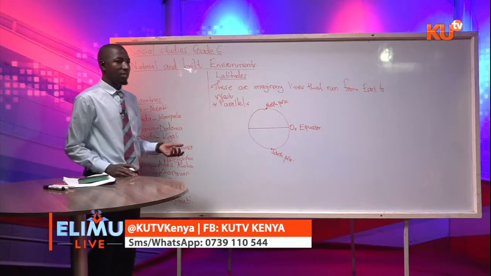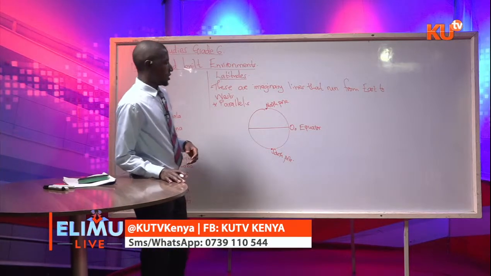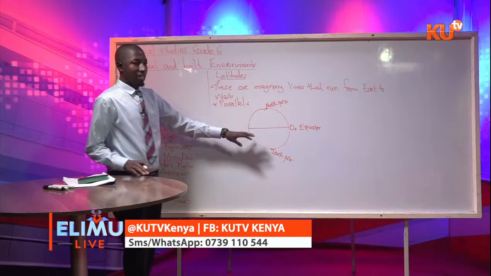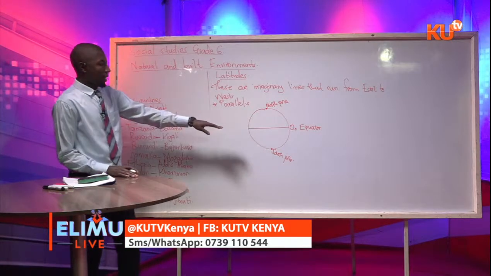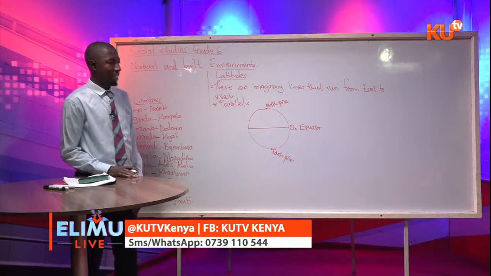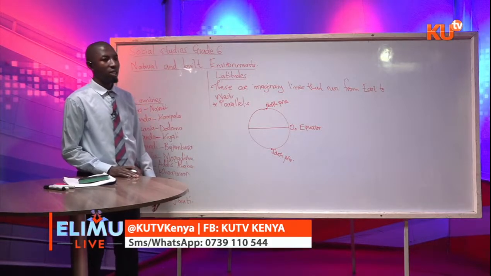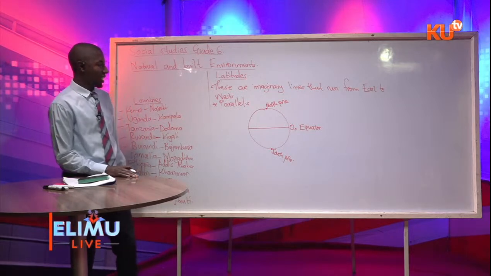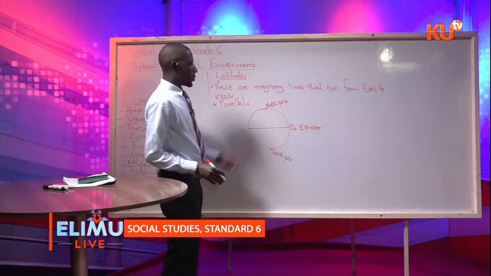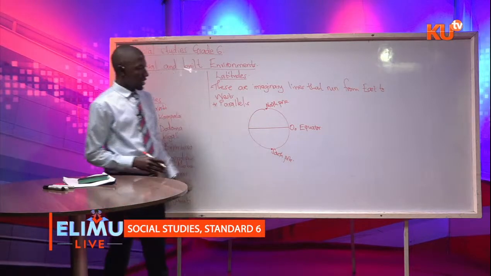It passes through towns like Maseno, Timboroa, Nyahururu, and many other places. It's an imaginary line, so it's not a line you're going to see drawn. It's drawn maybe in maps. So that is the equator at 0 degrees.